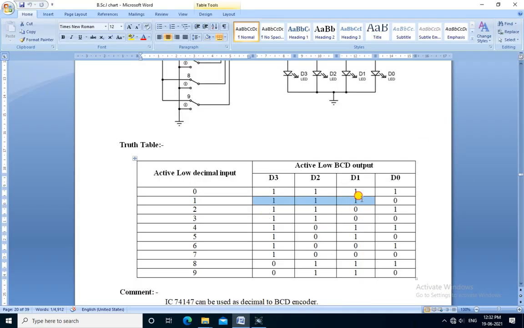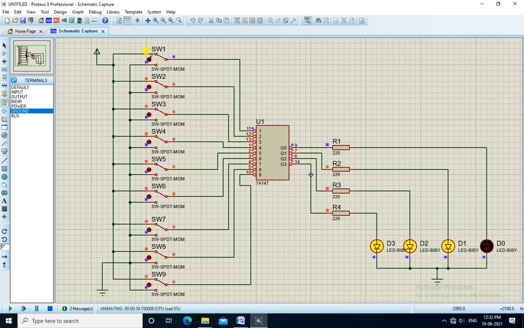Output is 1110, so it is active low BCD of decimal 1. We apply the next input, that is 2, so we make the second switch low, so number 2 is applied, output is 1101.